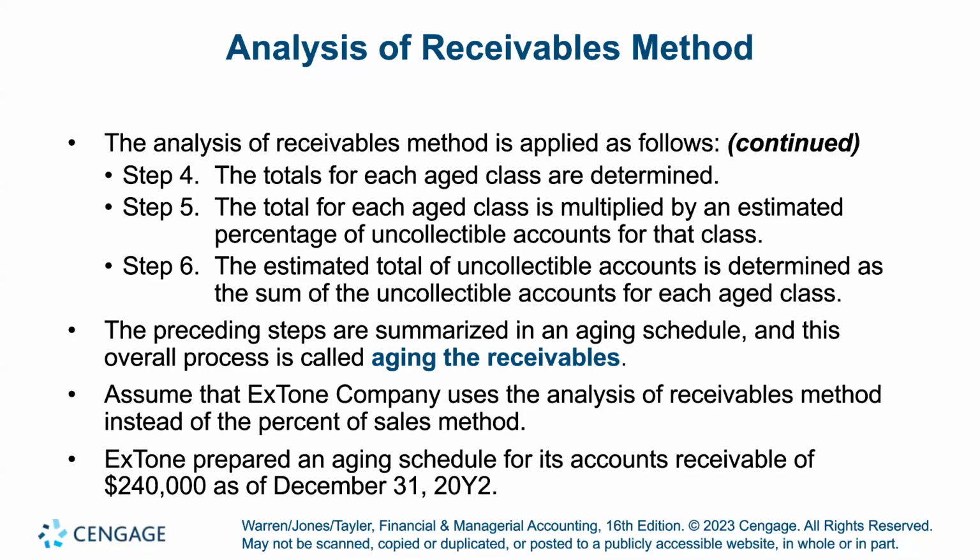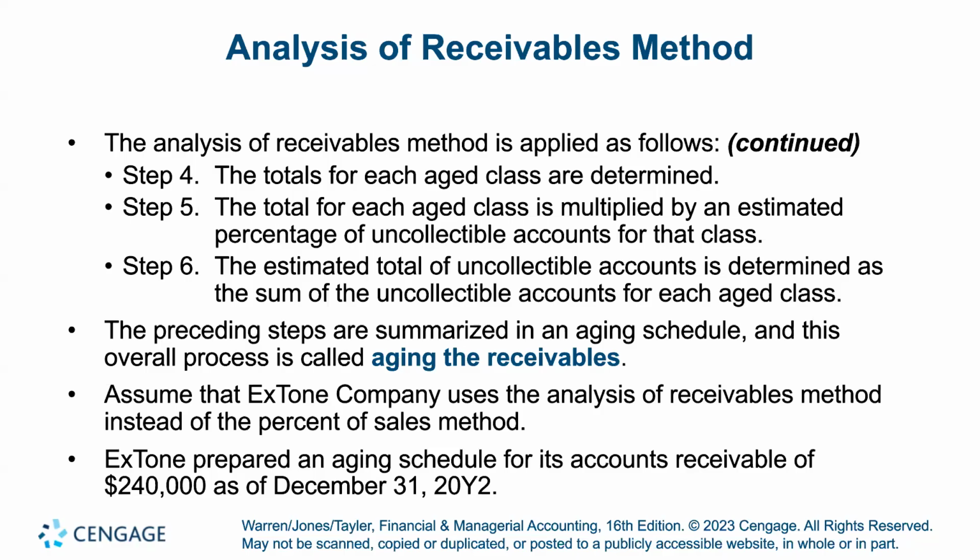But with the analysis of receivables method, instead, what we're going to do is find the amount, and then we're going to make a journal entry that will bring the balance of our allowance for doubtful accounts up to that amount. So it's really easy to get confused.